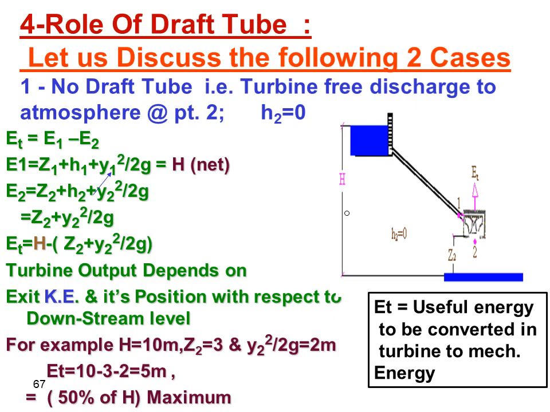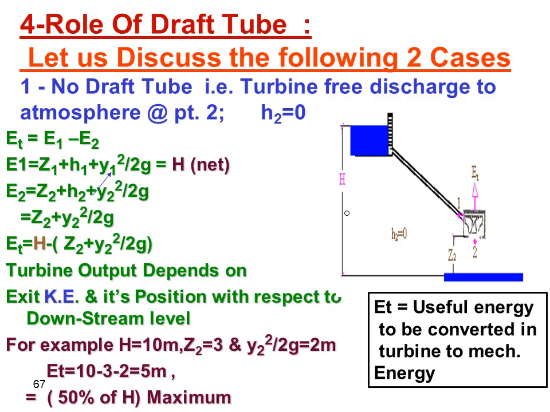This means you are only permitted to use 5 meters of 10. Five meters can be converted into mechanical energy from the original assumed head equal to 10.